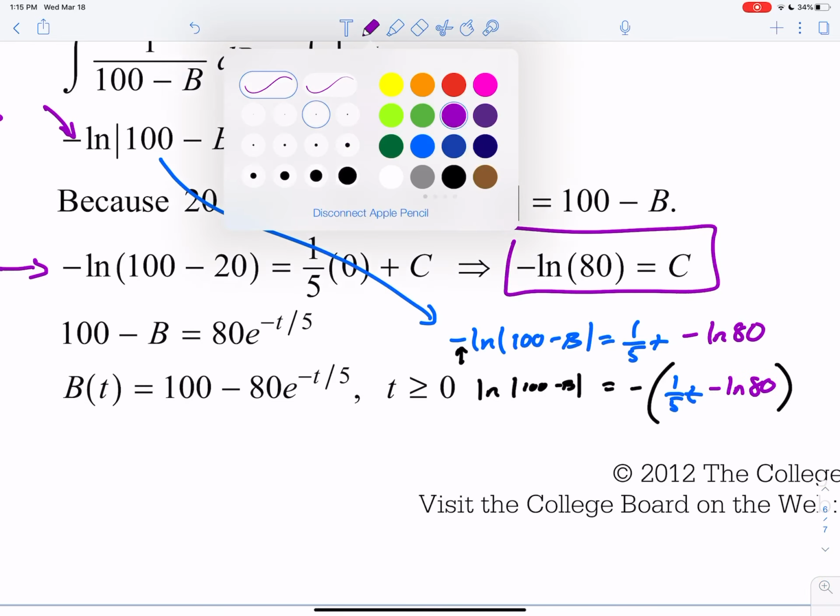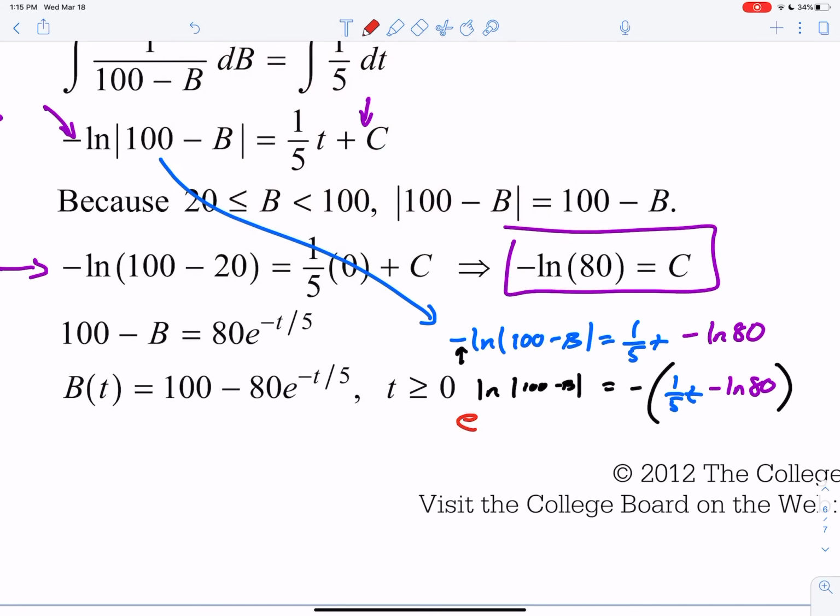Now to get rid of the natural log, I'm going to e both sides. So now 100 minus b will equal e to the negative blah. I'm not going to write everything down. So if you maneuver this around, you should get b equals 100 minus e to the blah, which is basically what they have, but just not as simplified.